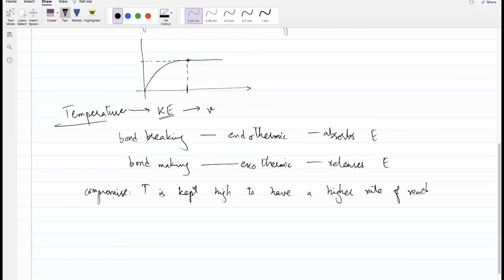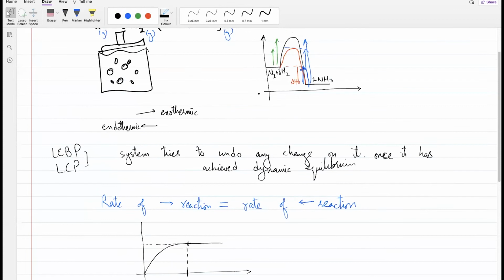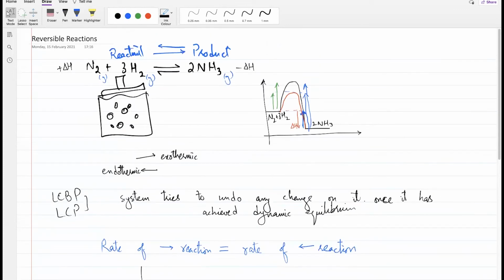Higher rate of reaction से क्या होगा? Time बचेगा. You will be able to produce more things in this less amount of time. But the problem with this is that पहले आप बहुत कम टेम्परेचर पे ज्यादा अमोनिया क्रिएट कर सकते थे. हाँ, उसको टाइम ज्यादा लग रहा था, maybe 1 हफ्ते में प्रोड्यूस हो रहा था. अब आप उससे कम प्रोड्यूस करेंगे लेकिन जल्दी कर लेंगे.